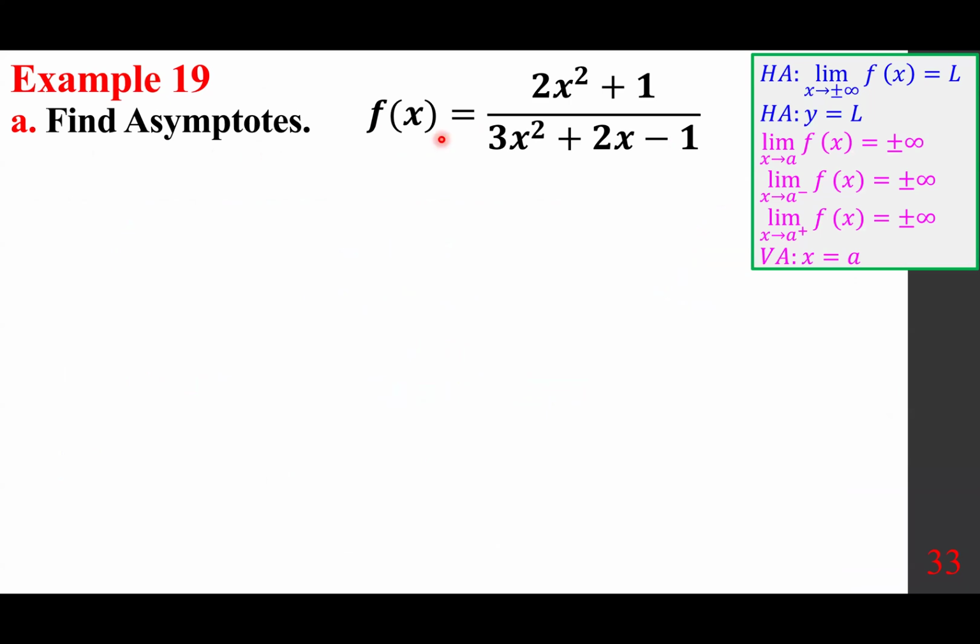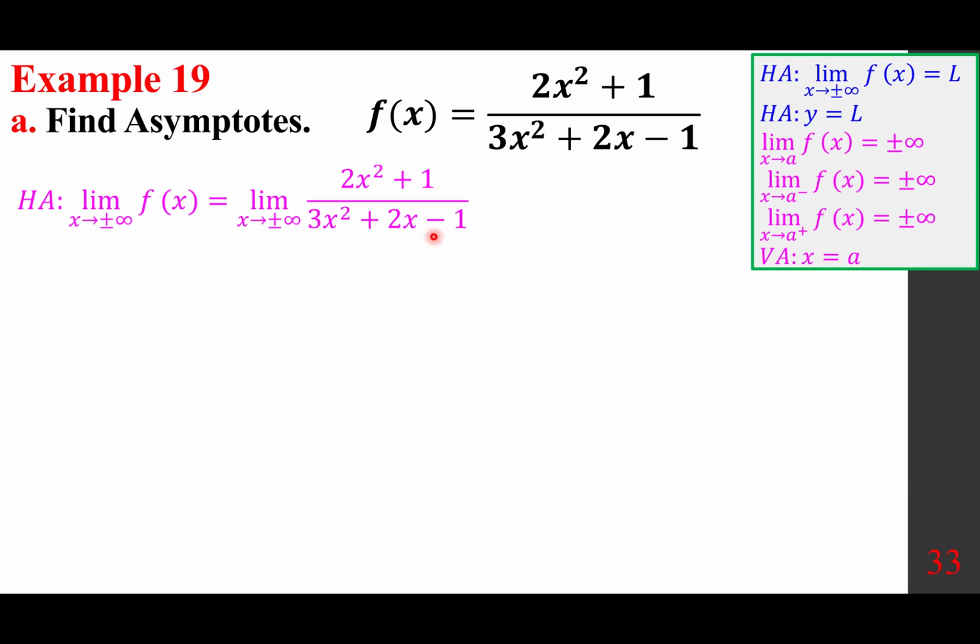Find asymptotes where f of x is 2x squared plus 1 over 3x squared plus 2x minus 1. To find horizontal asymptotes, we want to find the limit of f of x as x approaches either positive or negative infinity, and they work in the same manner.